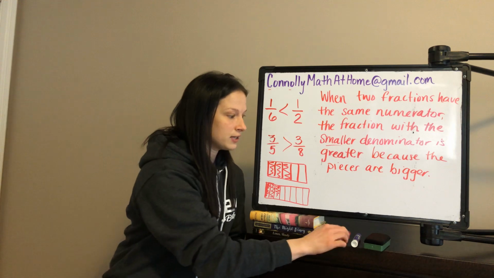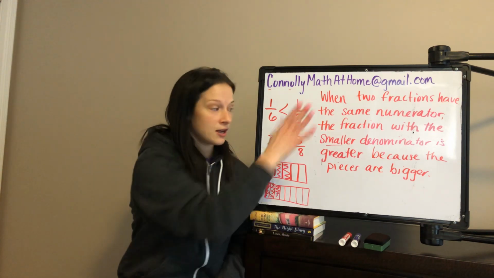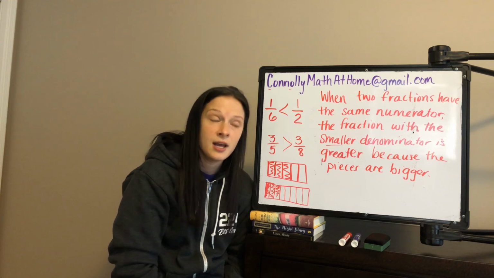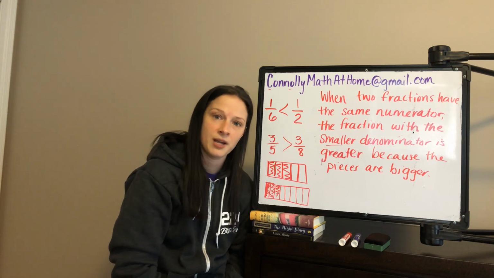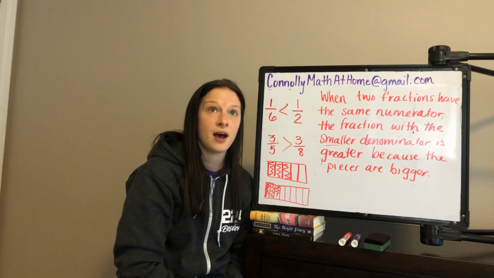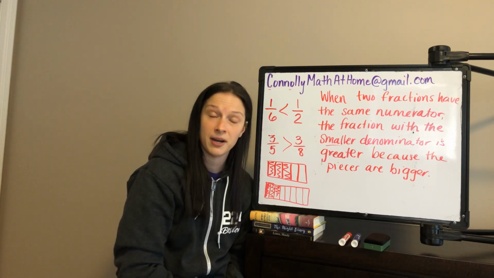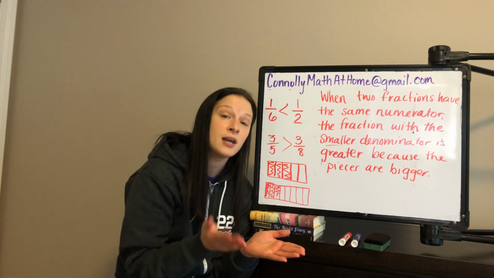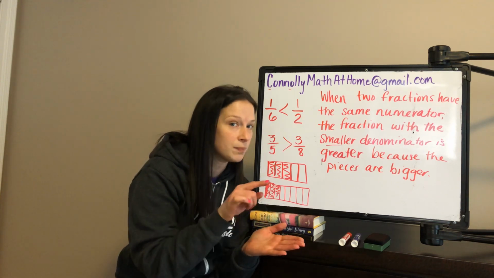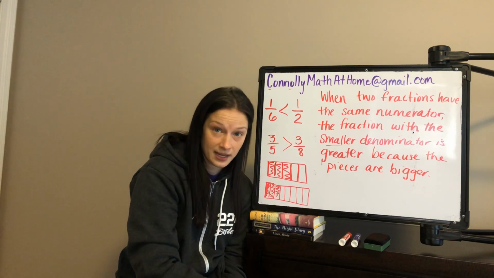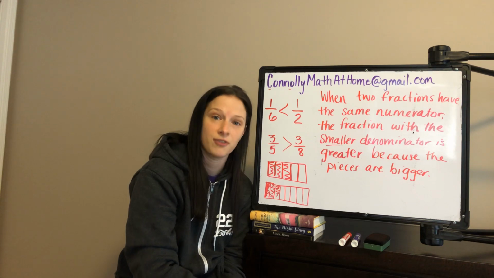So what did we learn here? We learned a brand new conjecture about comparing when two fractions have the same numerator. I also reviewed from the last video that we have to start with the same size wholes when we're talking about the area model and the number line when we're comparing fractions. In the last video I suggested to get a notebook and write down the conjectures, so hit pause, write it down, because you want to keep track of these and start applying them each and every time you compare fractions.